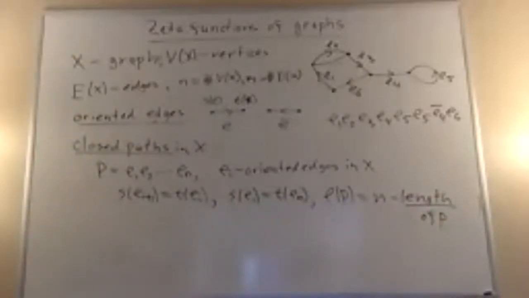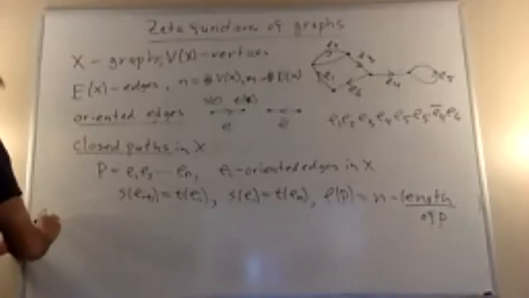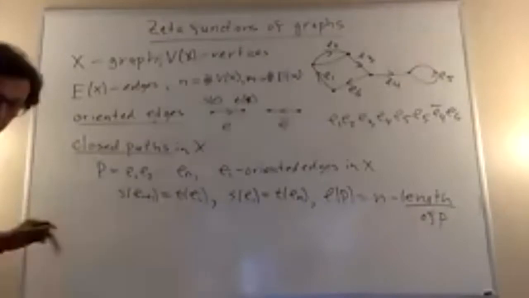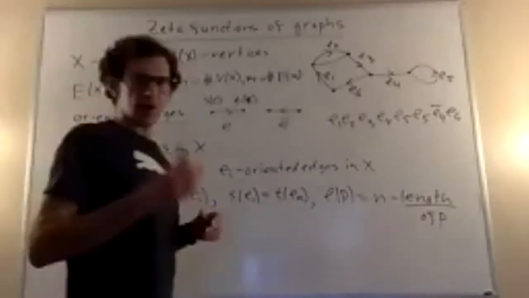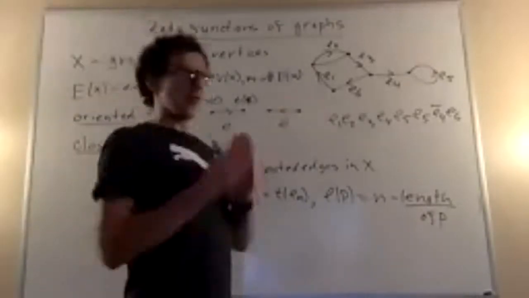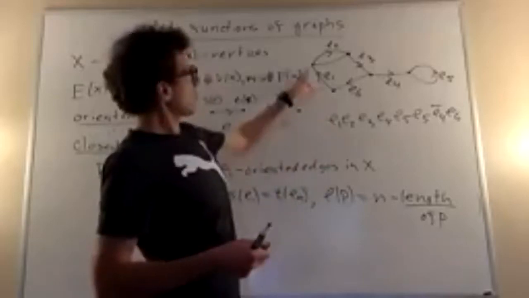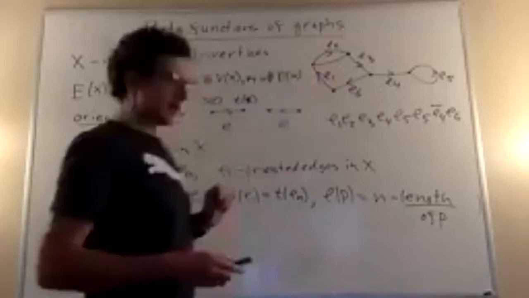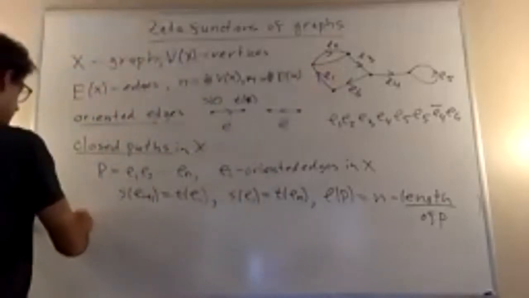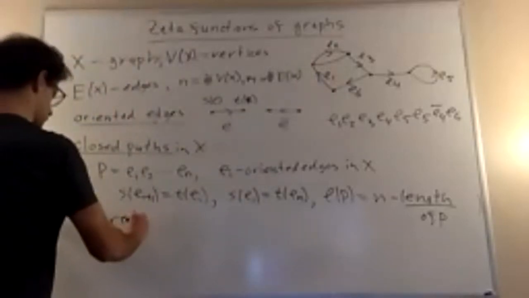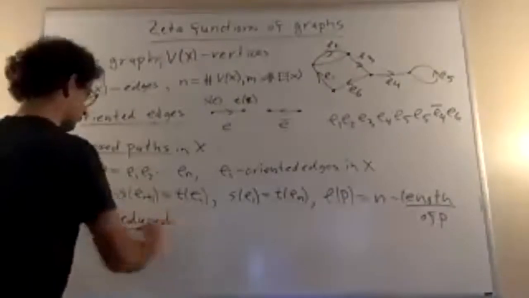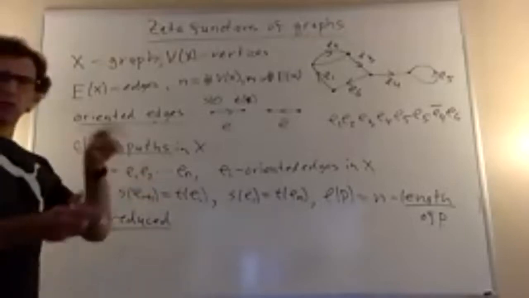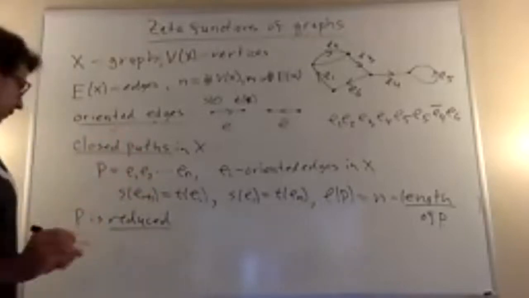Okay, and so I'm going to pose the following question. Well, actually, hold on. There's one more definition that I need to make. So if any of you are runners, you probably know what I'm saying. When you're running, it's really boring to do an edge and then run back along the same direction, okay? So I'm going to say that a path P is reduced if none of these edges are adjacent to their opposites, to the same edge with an opposite orientation.